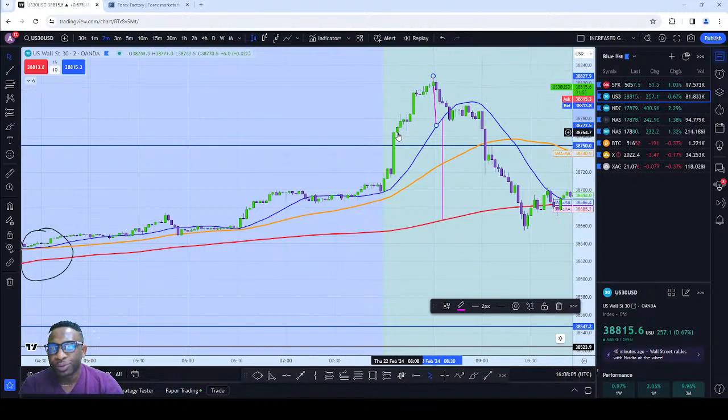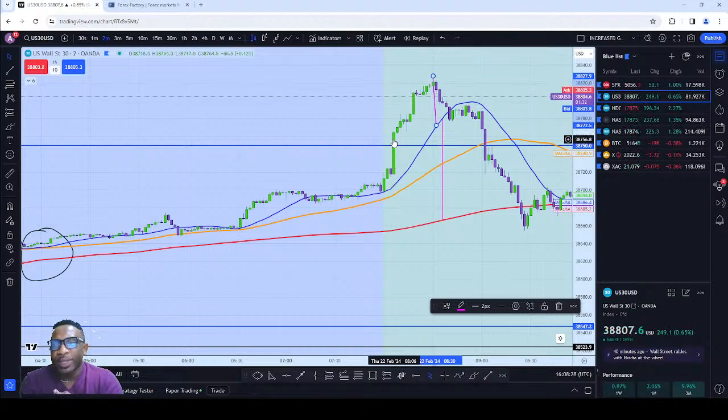After it pushed through, look at the size of the candle that printed. It's telling you the momentum is dying down. So I need to be careful about what I do from this point on.